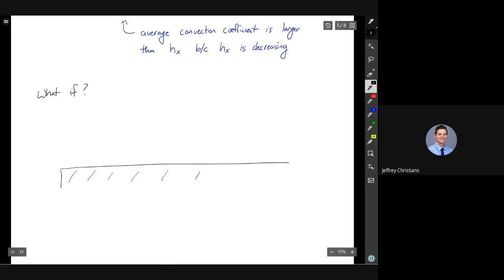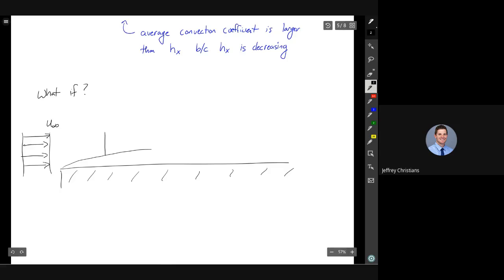We have a surface like this. We'll consider in this picture the velocity. What's going to be happening for the first little bit is exactly what we talked about before.